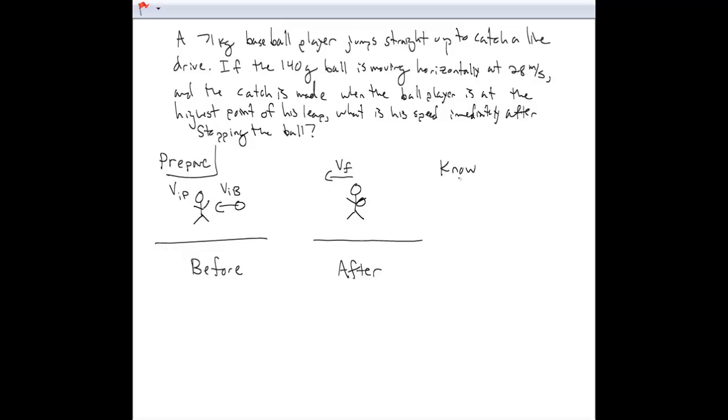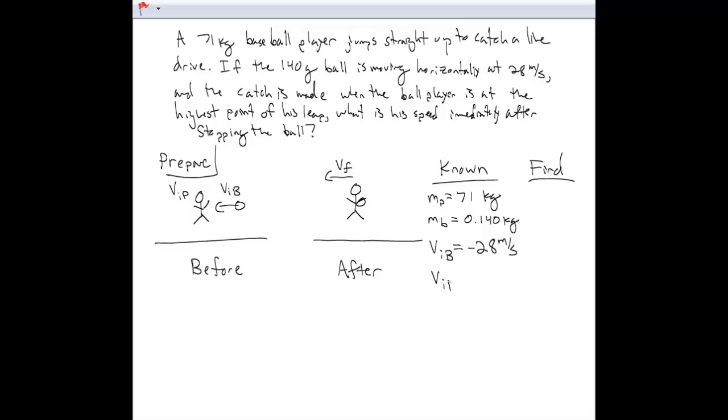So let's list what we know from what we're given and what we're after. We know the mass of the baseball player, 71 kilograms. We know the mass of the baseball, 140 grams or 0.140 kilograms. We know the initial velocity of the baseball, and since it's moving to the left, it is negative 28 meters per second.